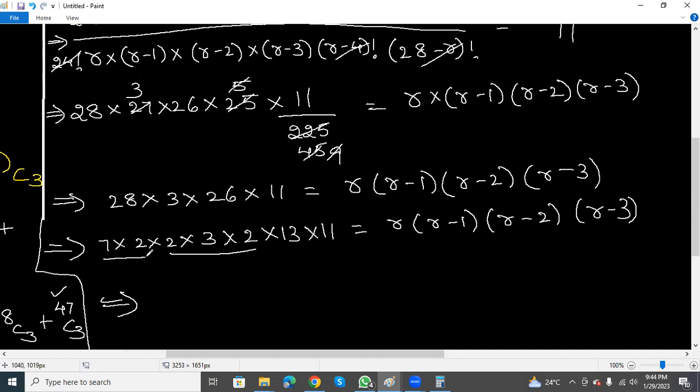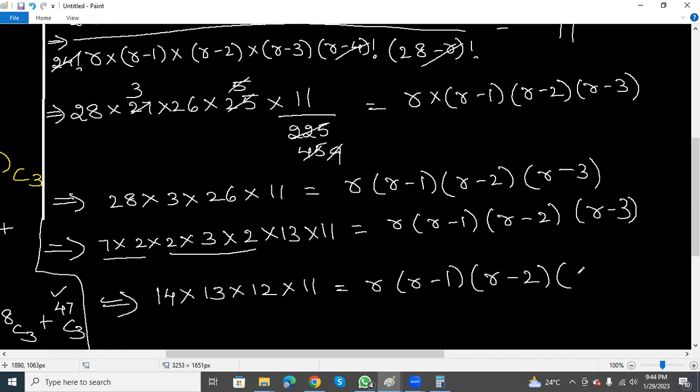And 7 twos are 14. So here we have 11, these three together 12, this is 13 and this is 14. What is the highest number? 14. So 14 into 13 into 12 into 11 we can write, which is nothing but r into (r minus 1) into (r minus 2) into (r minus 3).